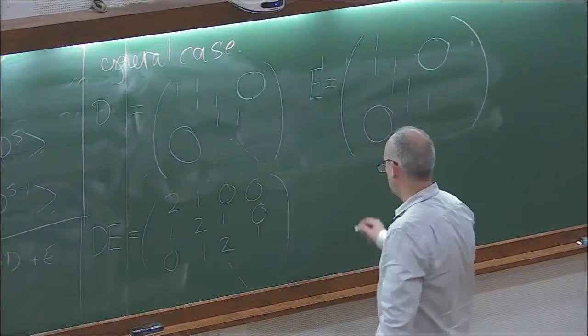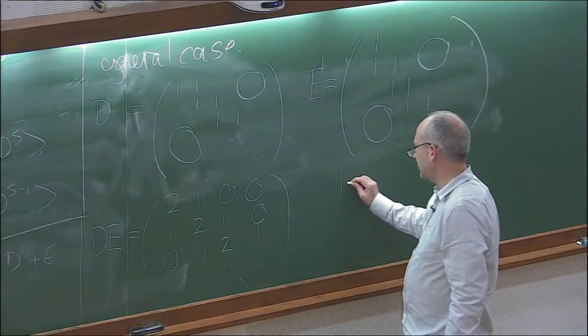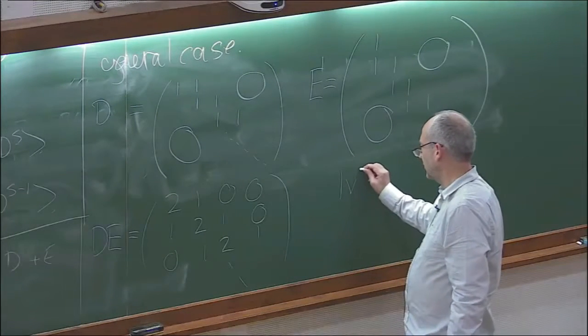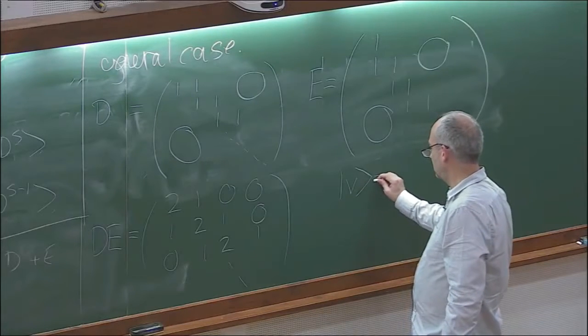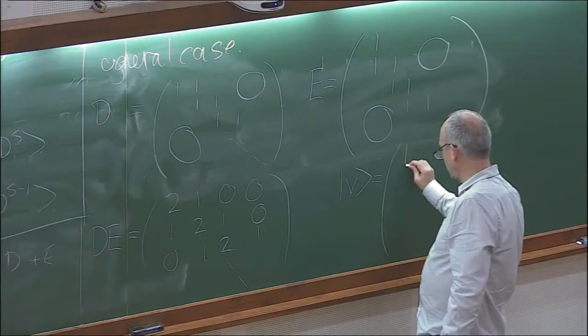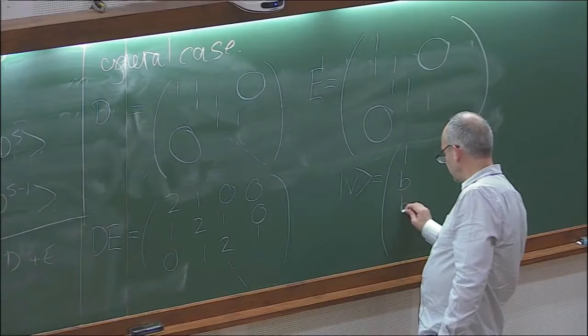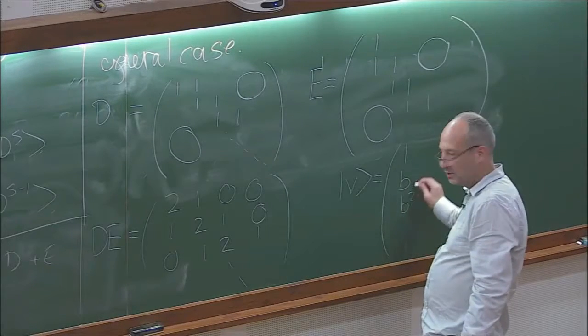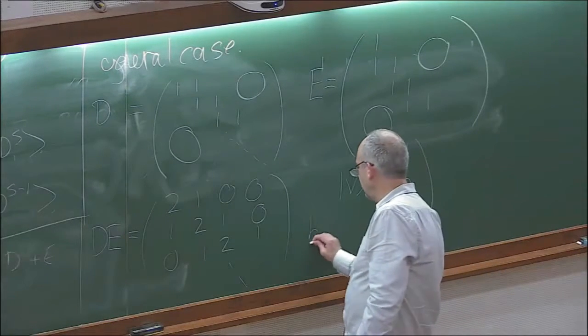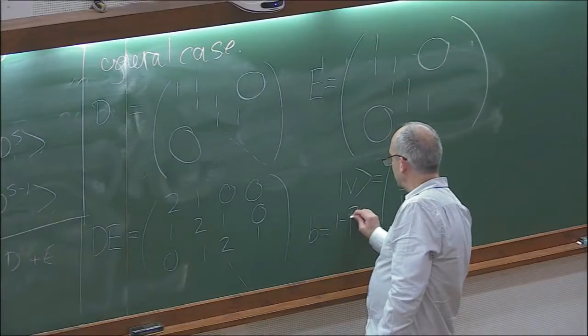And finally, my vectors, the column vector V, I can write as 1, B, B squared, and so on, where B is (1 minus beta) over beta.